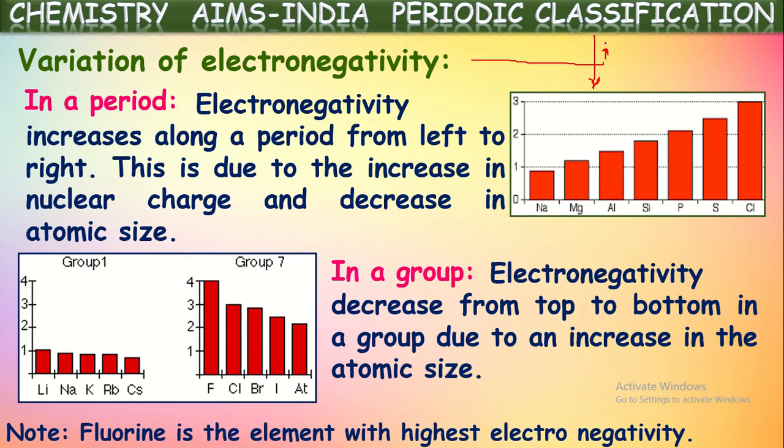We know noble gases do not participate in bonding, so there is no question of electronegativity for these elements. So we compare up to halogens. From alkali metals to halogens, electronegativity is increasing, and among the halogens from top to bottom it is decreasing. So the first halogen has the highest electronegativity, that is fluorine.